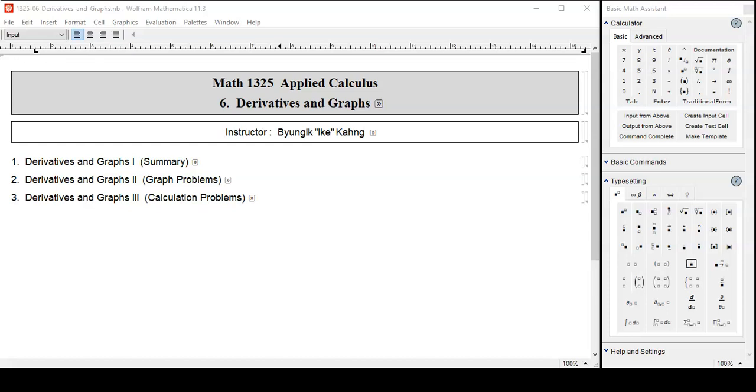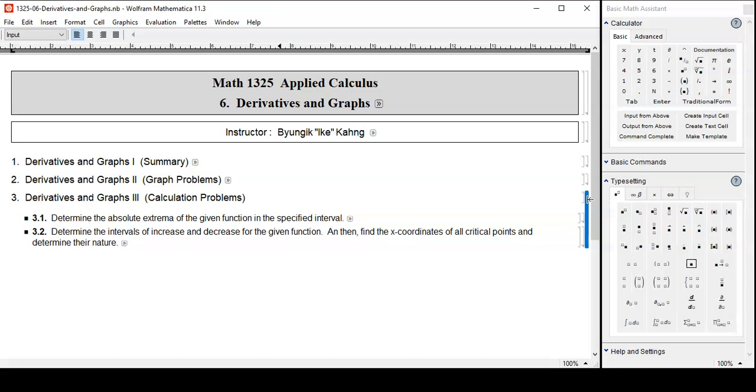Hello students, welcome back. In section 2, we went through some very important classes of problems, graph problems, but graphs of not the original function, but graphs of the derivative function. Now let's discuss some calculation problems associated to increasing, decreasing, and concavity.